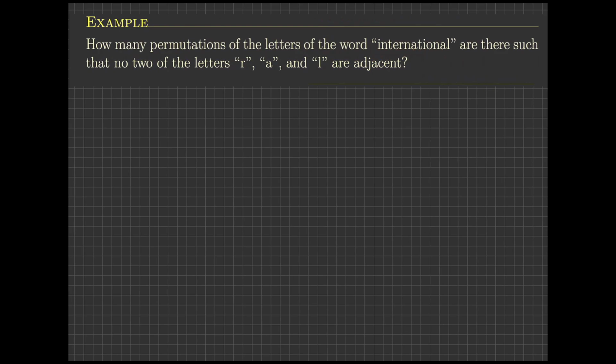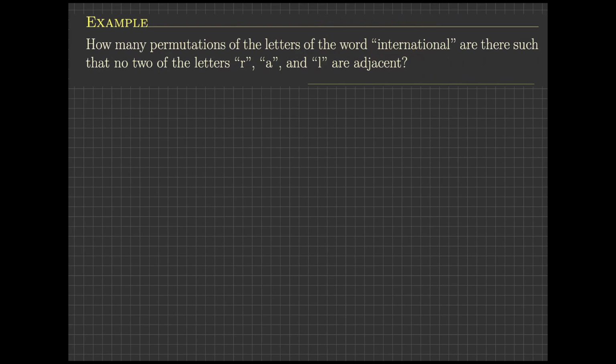You want to start permuting these letters and creating new words, but there is a constraint: none of the letters R, A, and L are supposed to be adjacent. We want to see how many ways we can do that. Do you have any question? Yes, I just have a question.